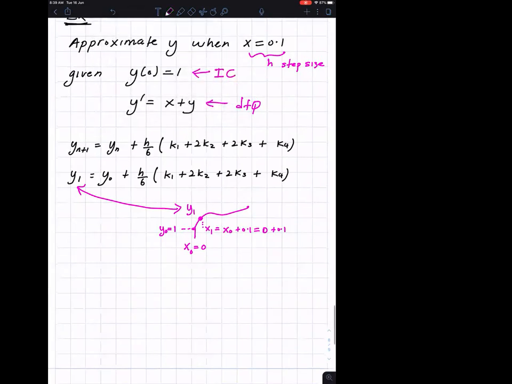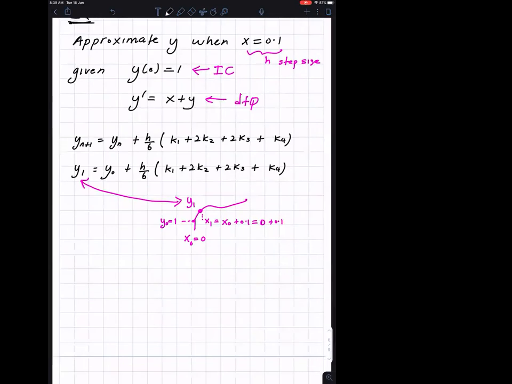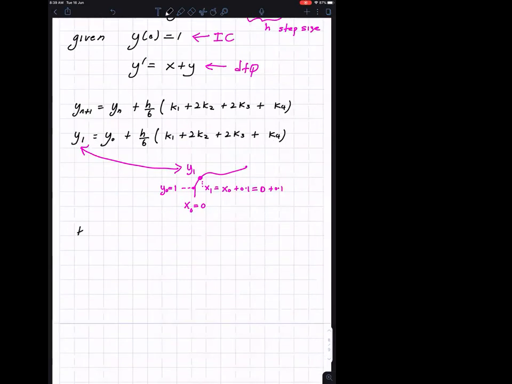Same deal as before. We find what is K1. K1 is a function of the differential equation with x0, the initial points, plugged in. The differential equation is quite simple here.